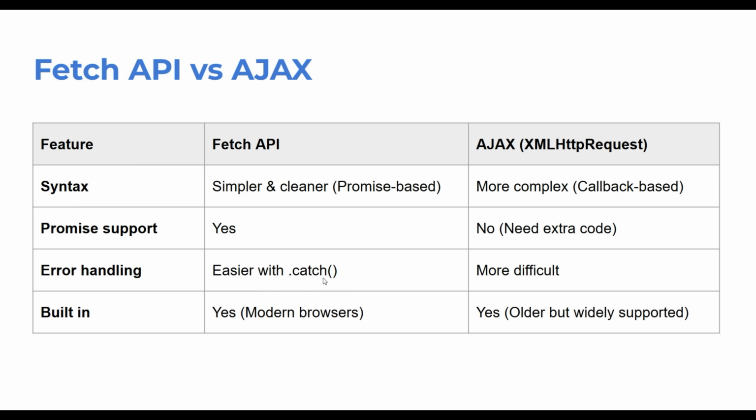When it comes to error handling, Fetch API uses the catch method, which is easy to use, while it is difficult to handle errors in AJAX. Fetch API is supported only in modern browsers, while AJAX is supported in both old and modern browsers. It is widely supported.